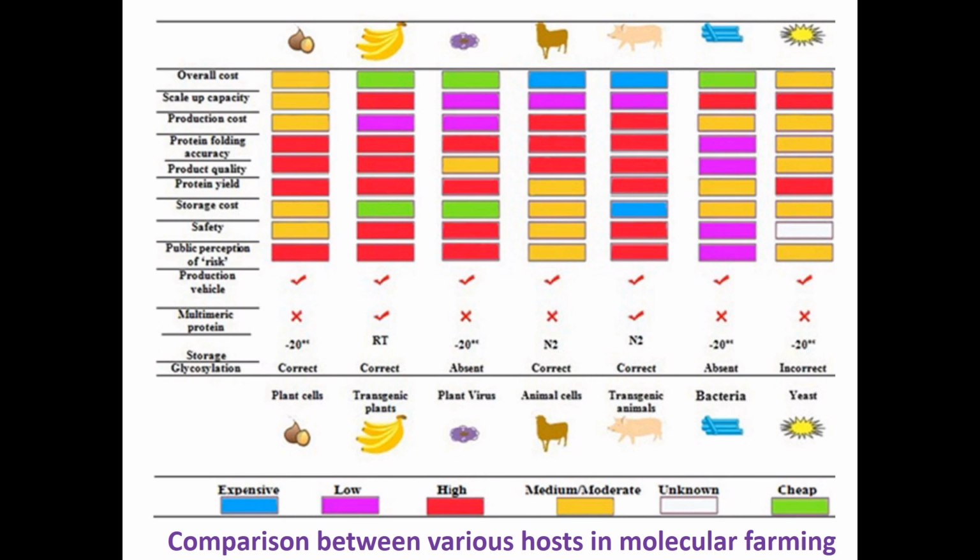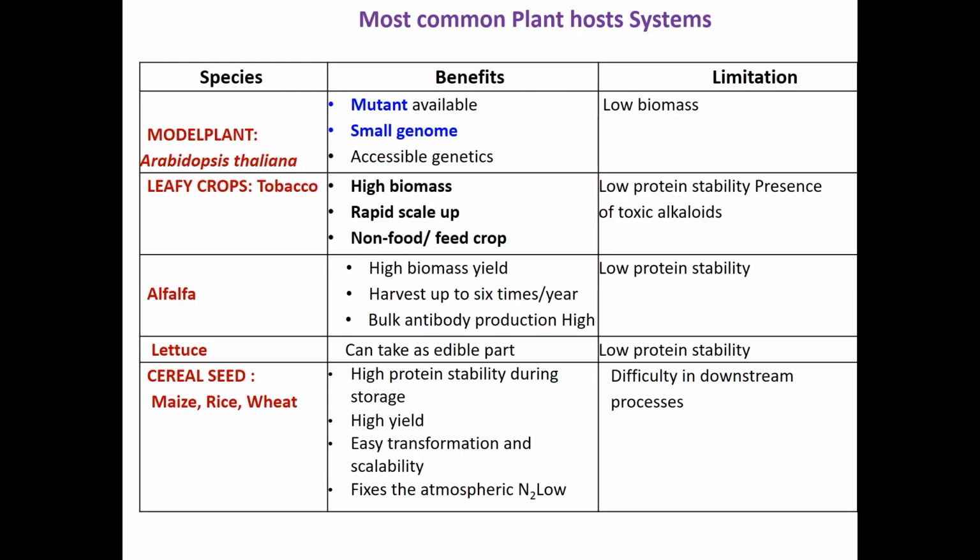These are disadvantages of the bacterial system because of its prokaryotic nature. The product quality is low, the safety is low, and public perception of risk is also very low in this category, because of lack of awareness of this particular production system.